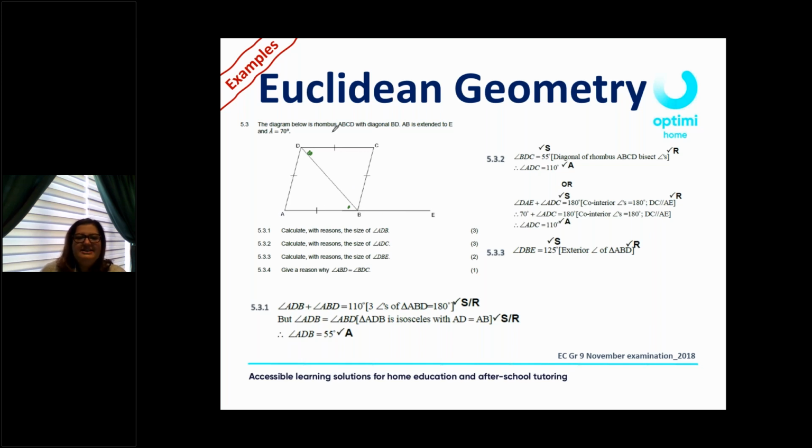Why are they alternating angles? Because I have two parallel lines and you need to tell them which two lines are parallel. So you can say DC is parallel to line AB. They say the opposite sides of a rhombus are parallel. You could have just said that CD is parallel to AB with alternating angles.